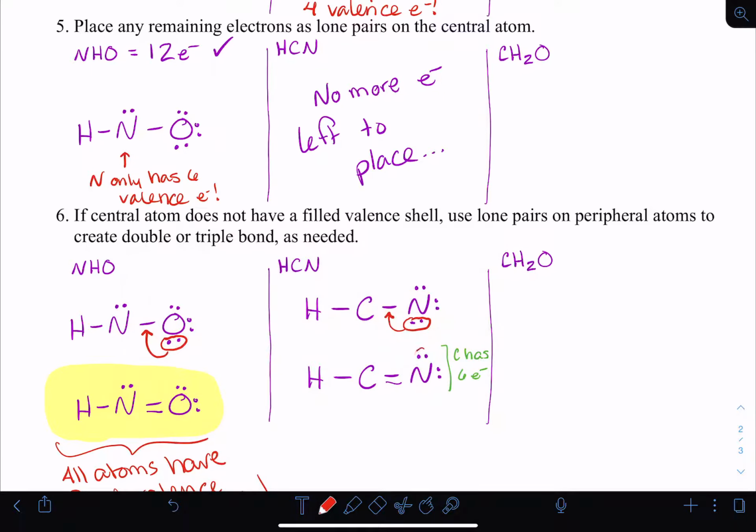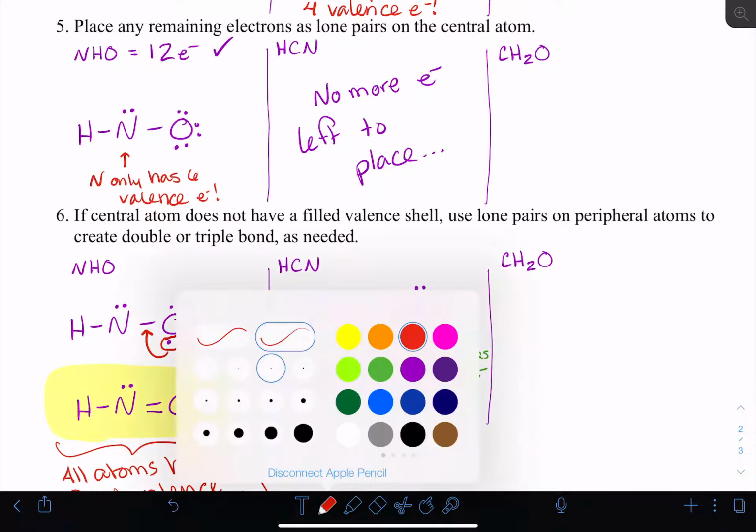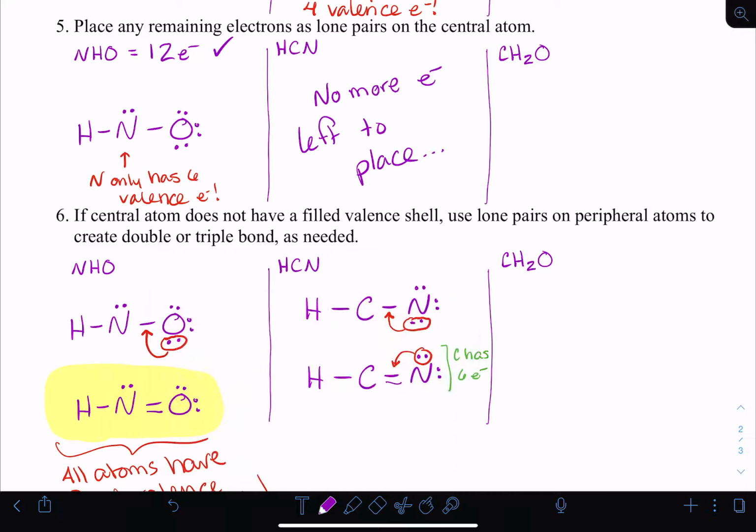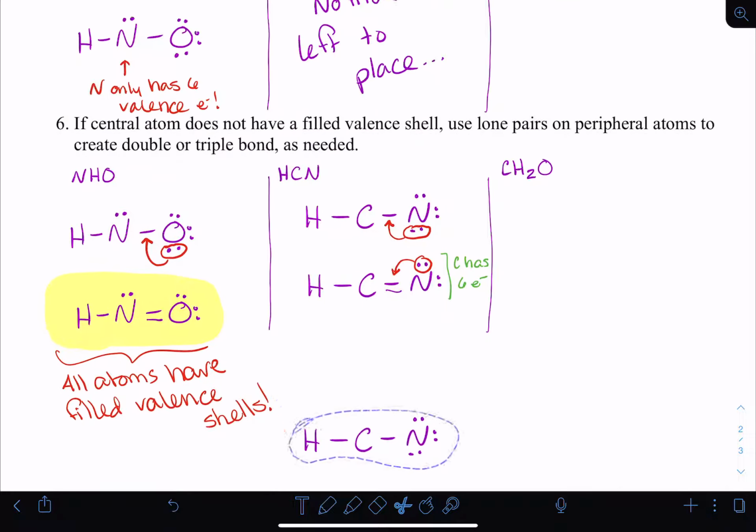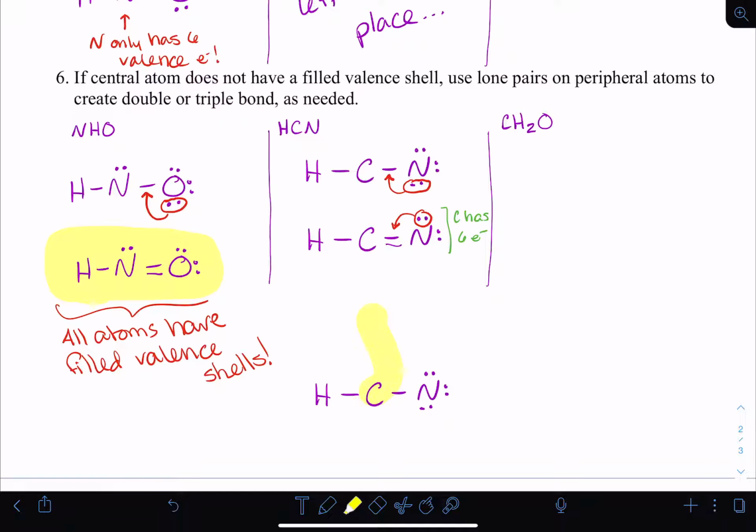So we can do the same thing again, and that's where we're going to get a triple bond. So we've already moved 1 lone pair to create a double bond.